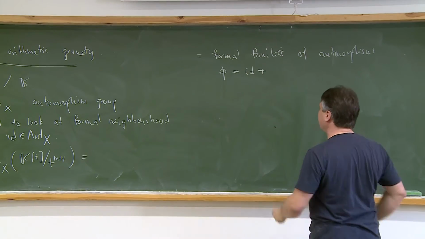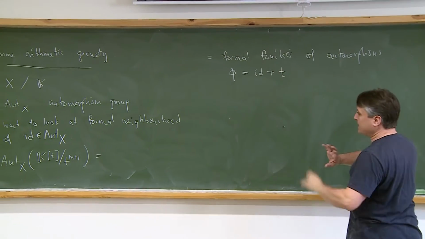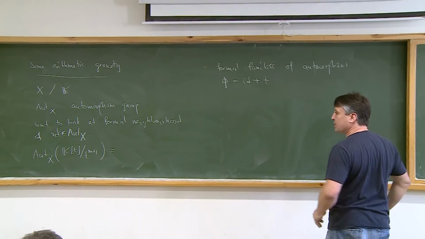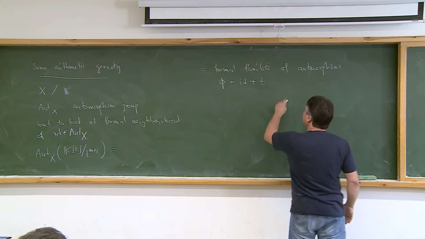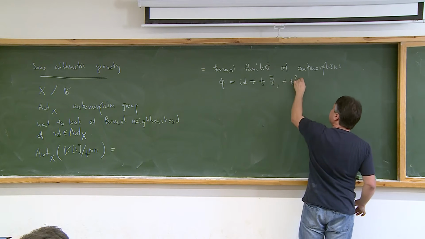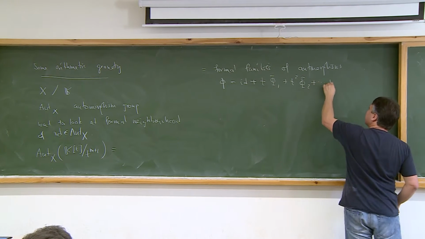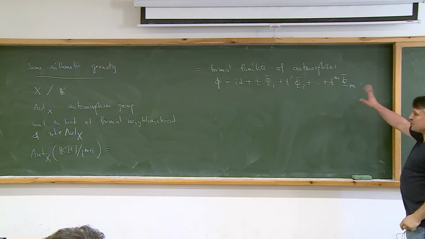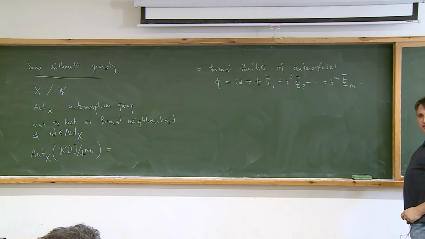There's some formal parameter here. And you just write down a formal family of algebraic automorphisms of the variety. It's like a Taylor expansion of a family of automorphisms. And then you stop because you declare t to the n plus 1 to be equal to 0.